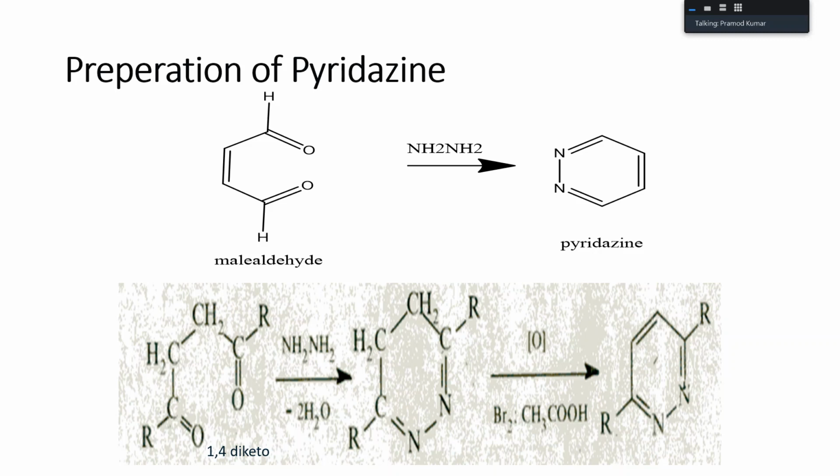What is the first method of preparation of pyridazine? You take a maleic dialdehyde. How many carbons are there? 1, 2, 3, 4, and a dicarbonyl, so terminal carbonyl compounds, aldehydes. It is a 4-carbon terminal dialdehyde.